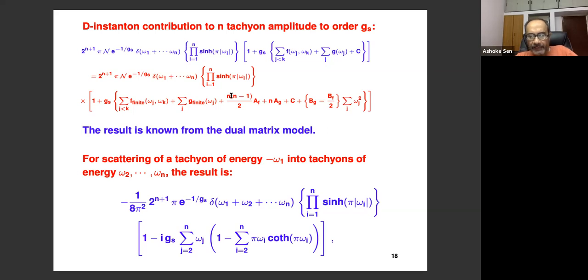Now, if you look at this expression, not for a particular value of n, but collectively for all values of n, then you see that individually we can determine AF, AG, and C by comparing this with the known result from the matrix model for different values of n. So here now I have written down the result for the same thing, but computed from the matrix model.